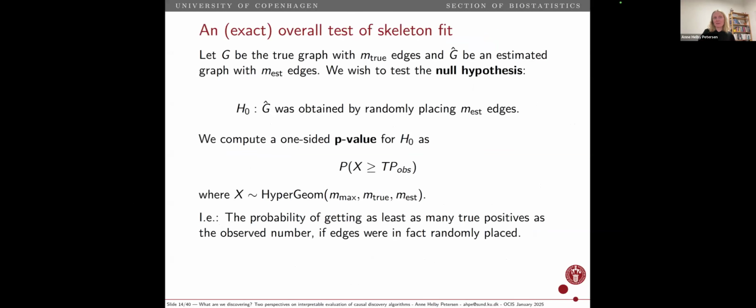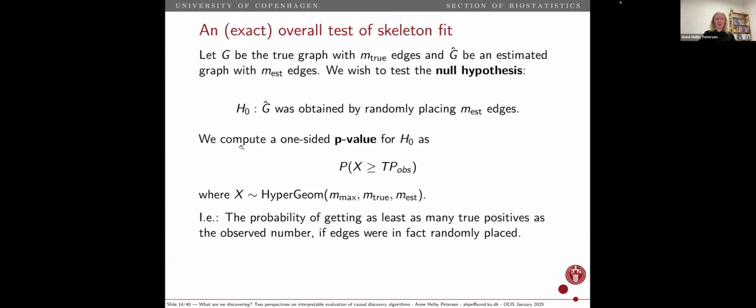So first of all, that means that we can do an exact overall test of skeleton fit simply by considering the null hypothesis that a graph that we have estimated was obtained by randomly placing a number of edges. Note here that we're conditioning on the number of edges again. That's something we need for this result to work.